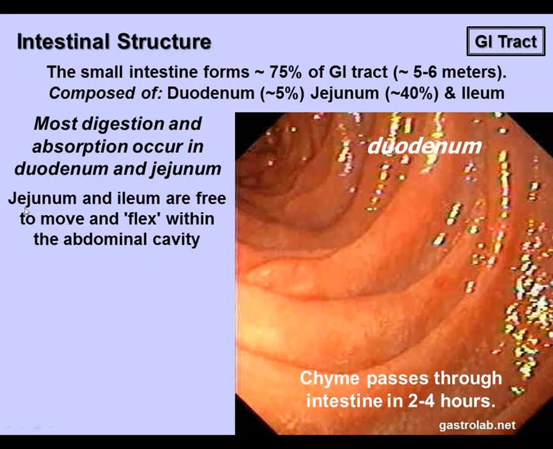Okay, the jejunum and the ileum, they freely move because they are surrounded by what we call mesentery proper, and the mesentery proper doesn't tie the small intestine to the posterior abdominal wall, but rather it will make a fold like I illustrated to you, and that fold will allow sort of free movement of the small intestine, and that's very good when it comes to the motility.